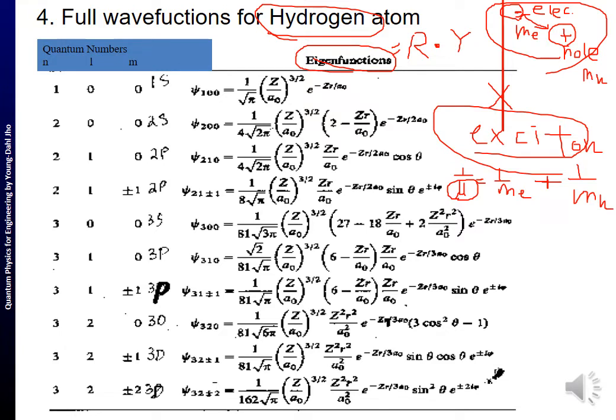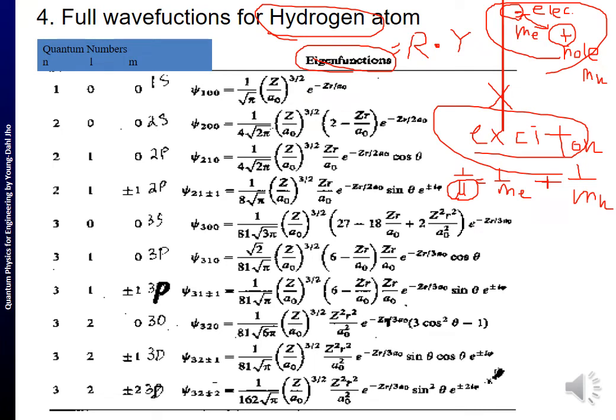Okay. So the reason I'm explaining this is, even though you don't need to know hydrogen atomic eigenfunctions, you might still need to use these structures to understand the exciton.